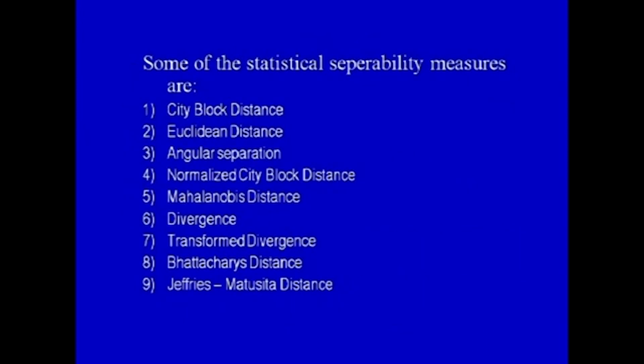When we look at separability, we find that there are many statistical separability measures available. First is city block distance, second is Euclidean distance, third is angular separation, fourth is normalized city block distance, fifth is Mahalanobis distance, sixth is divergence, seventh is transform divergence, eighth is Bhattacharya's distance, and ninth is Jeffries-Matusita distance.